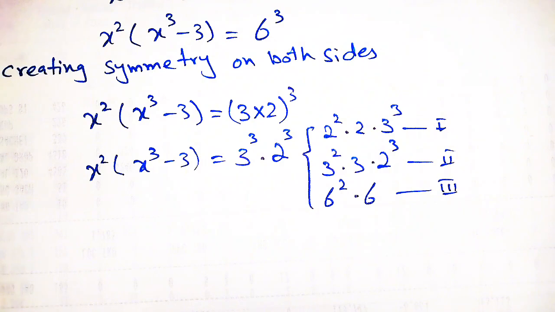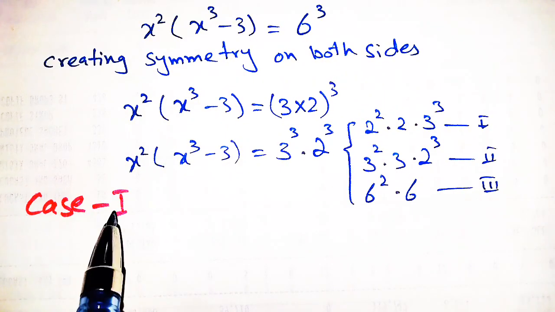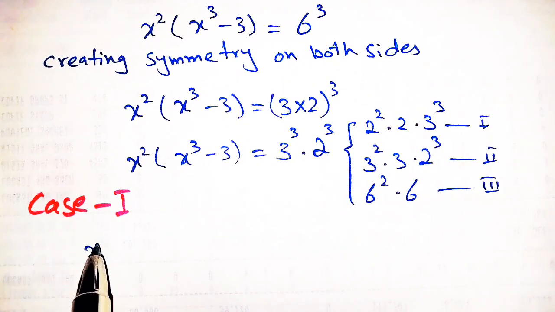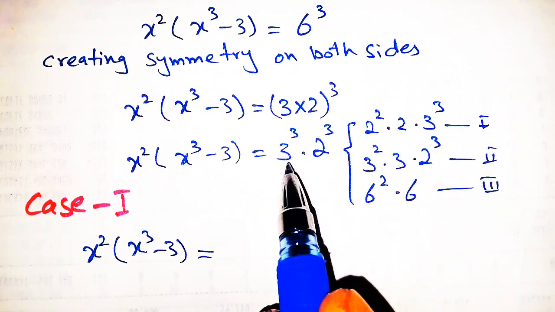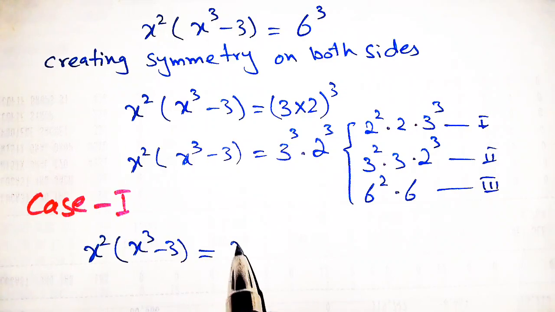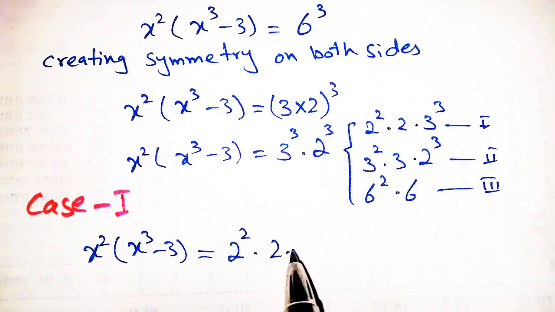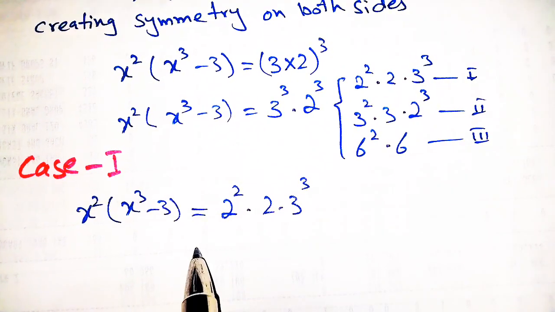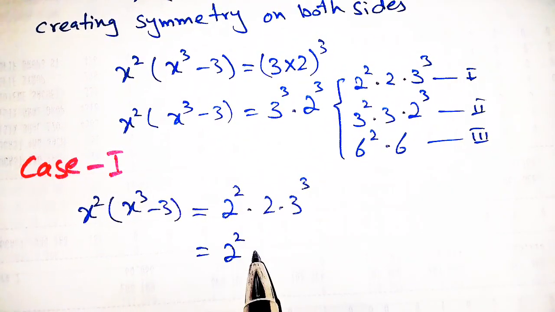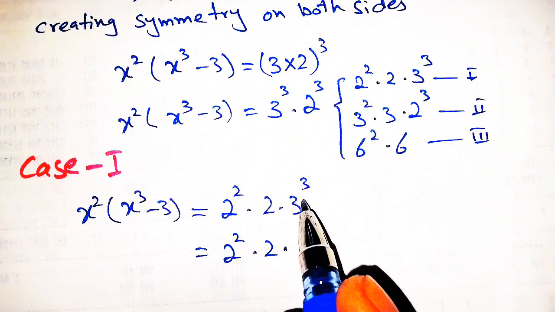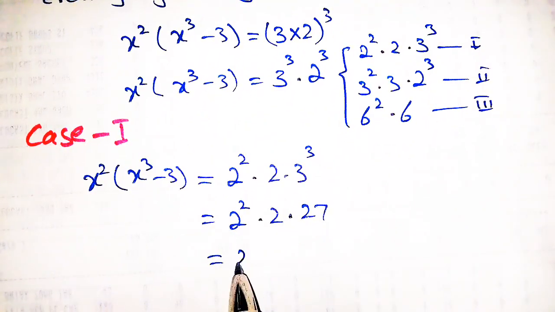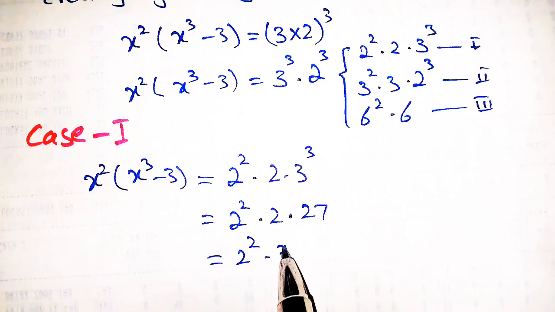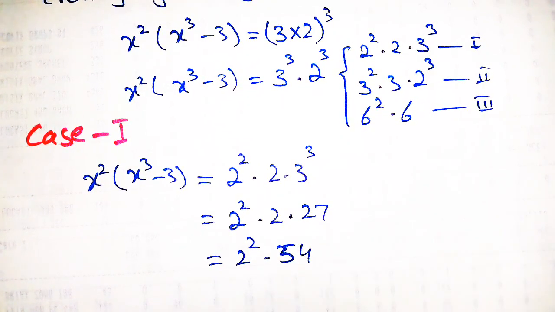Now for case 1, this will become x square times x cube minus 3 equals, we will use the first case which is 2 square times 2 times 3 cube, and we can write it as 2 square times 2 times 3 raised to power 3 is equal to 27, and now it will become 2 square times 54.